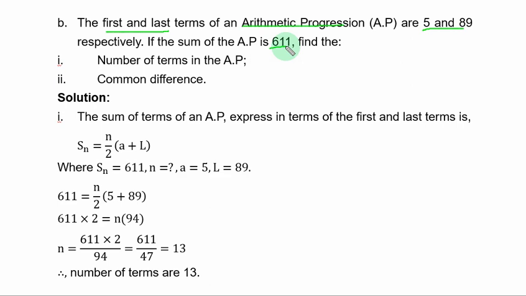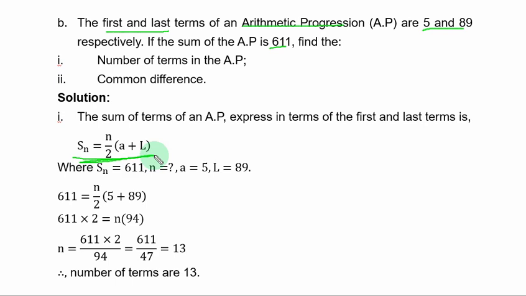For the sum of terms of an AP, we have two formulas. One contains first term and common difference. The other is first term and last term. Since in this question the first and last terms are provided, we use the sum of terms formula containing first and last term.